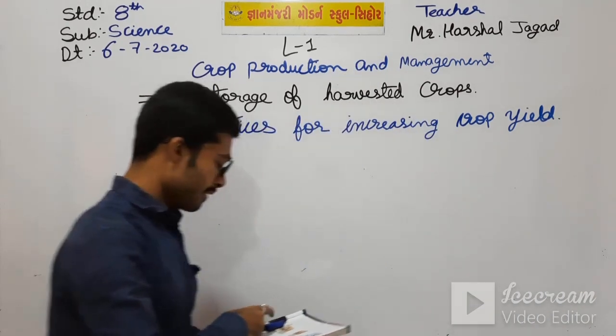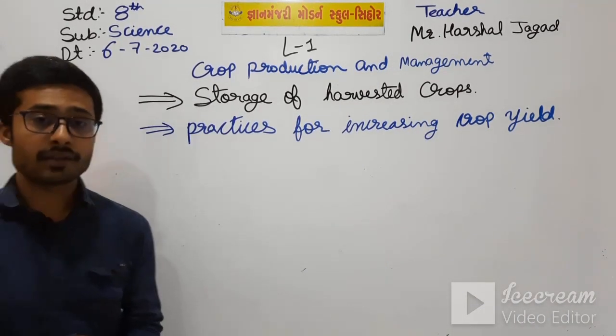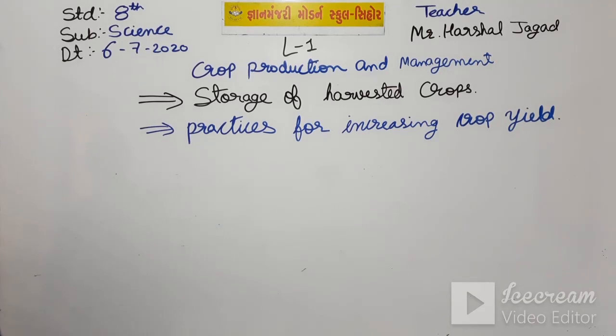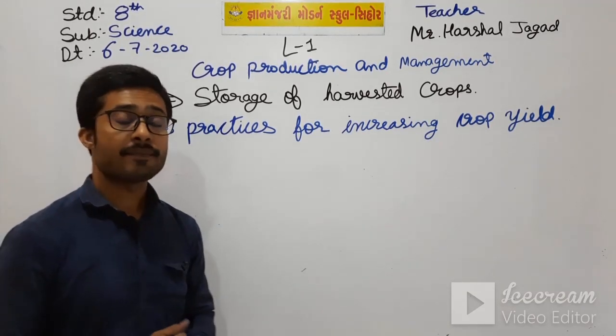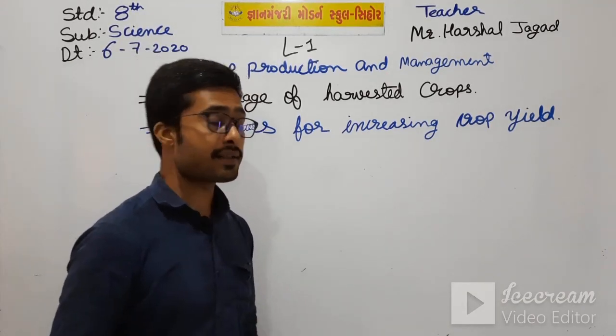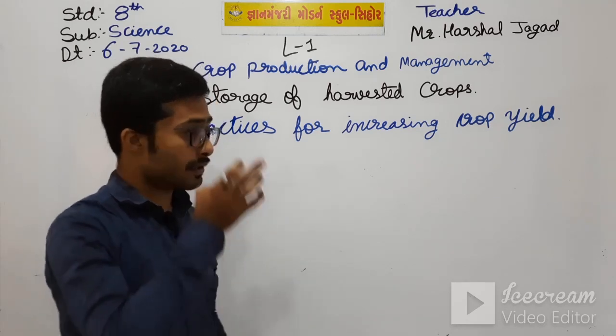Means in this we will see how the production of the crop is to be increased, means how the crop production can be increased.